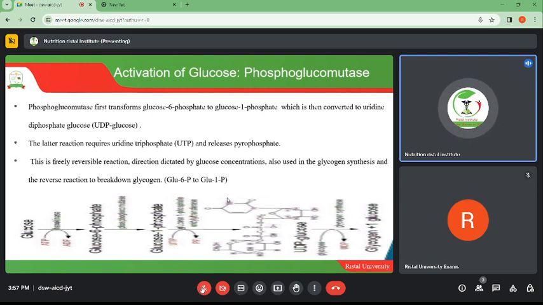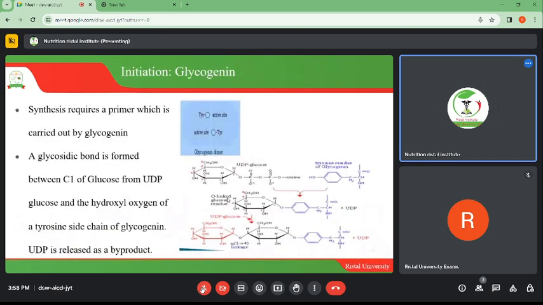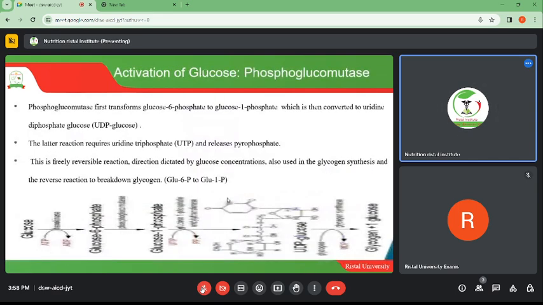So that uridine triphosphate will combine with glucose 1 phosphate, and it helps in adding a glucose molecule to form the molecule called UDP glucose.